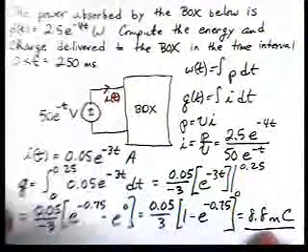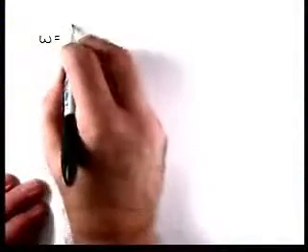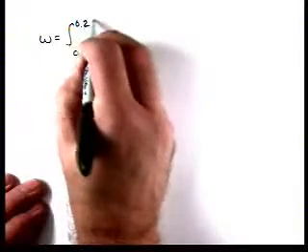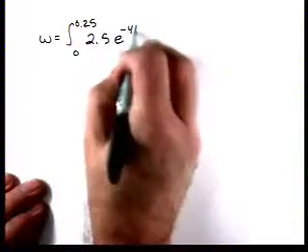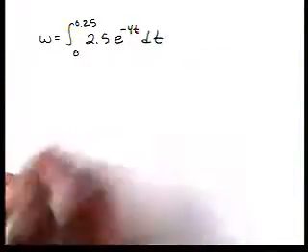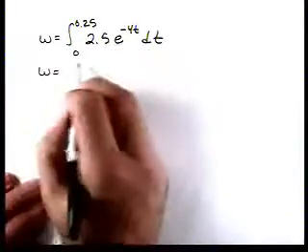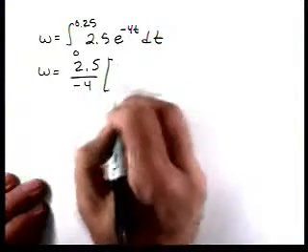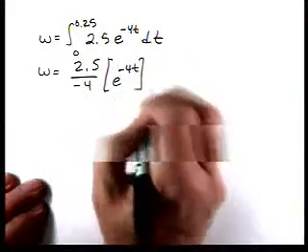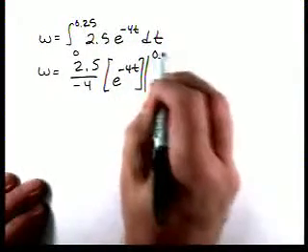Now we need to calculate the energy delivered in that time interval. So now we'll have the integral from 0 to 0.25 of 2.5 e to the minus 4t dt. So integrating, we'll have 2.5 over minus 4 times e to the minus 4t, evaluated from 0 to 0.25.